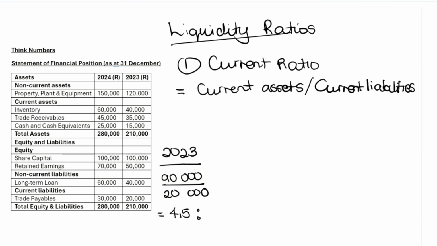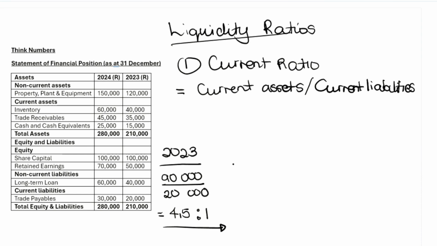That will then give you a current ratio of 4.5 is to 1. Every time you are dealing with a liquidity ratio that has current liabilities in it, you want to always make sure that current liabilities is the 1, because what we're essentially calculating is how many assets in comparison to liabilities we have in order to be able to pay off our short-term liabilities.